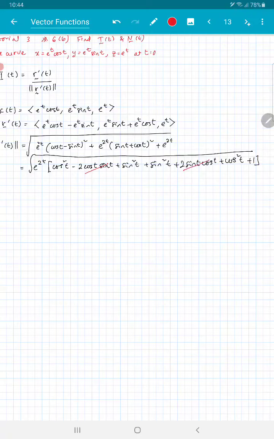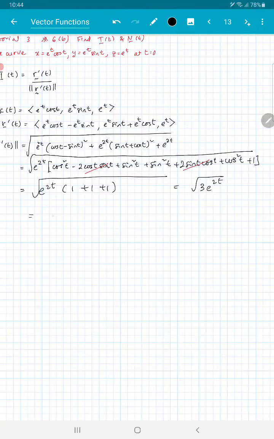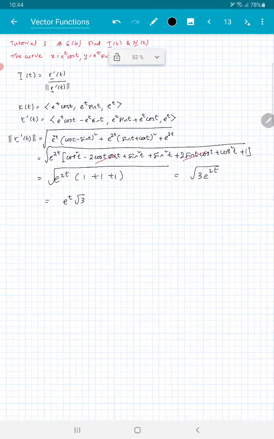Cos squared t plus sin squared t is 1, and in the other term sin squared t plus cos squared t is another 1. So we get e^2t times the square root of 1 plus 1 plus 1, which is 3. That gives us e^t times the square root of 3. So that is the magnitude of r prime.